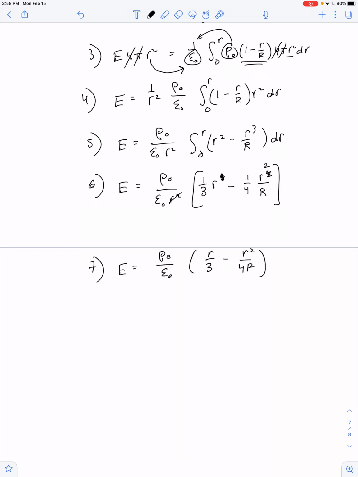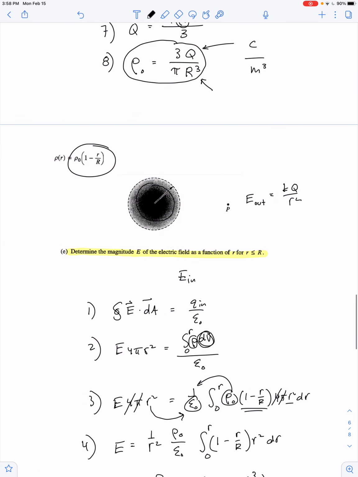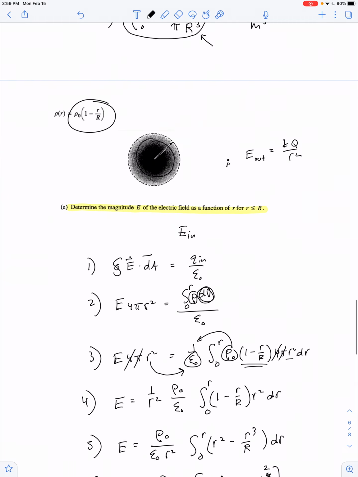Maybe we should substitute in what we found for rho naught in the previous step. So if you want to stop here, you can. If you want to see that this becomes simplified at all by replacing rho naught with 3Q over pi R cubed.